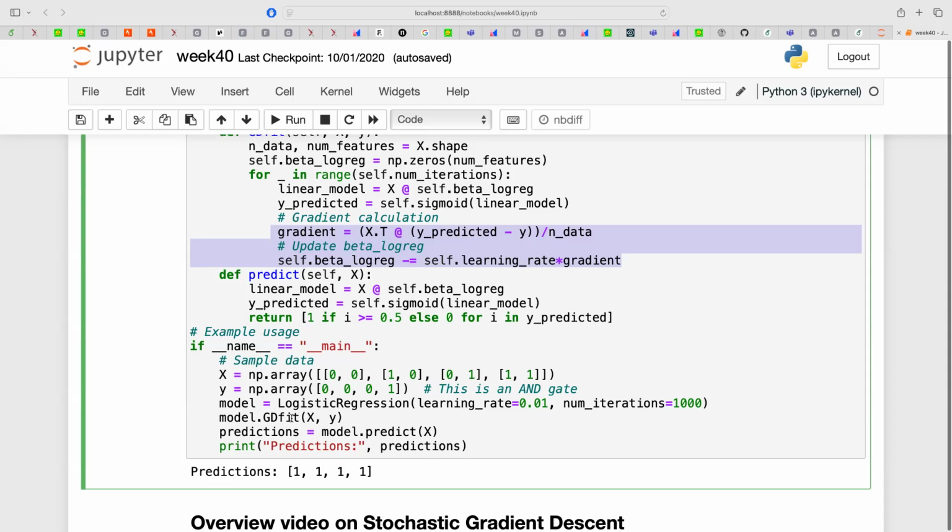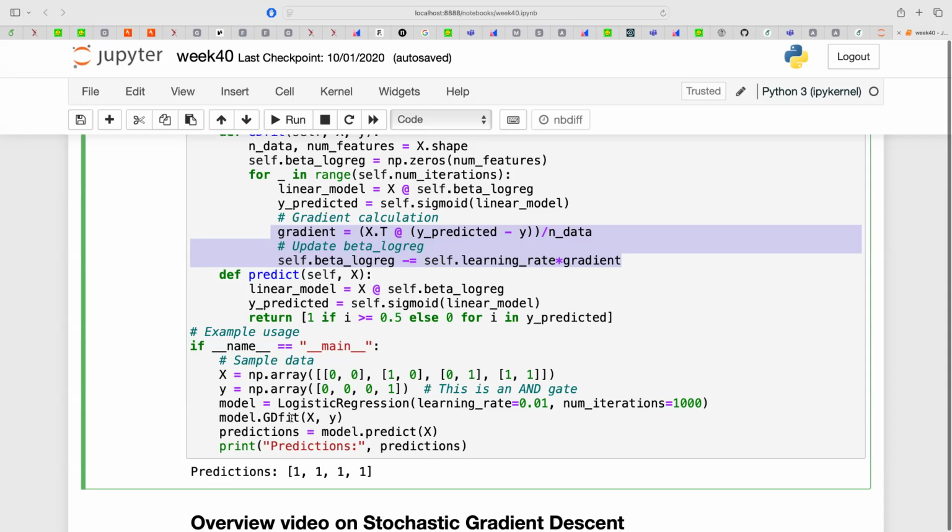And when you write code for neural networks, if you take away the hidden layers and you just have the inputs, which then get modulated by a function and spit out an output, and the modulation is done by the logistic regression function here, then what we are going to get is exactly a neural network without hidden layers. So if you have a neural network code, you can actually implement logistic regression by simply stating that we don't have any hidden layers. That's just another way of coding what you see here.